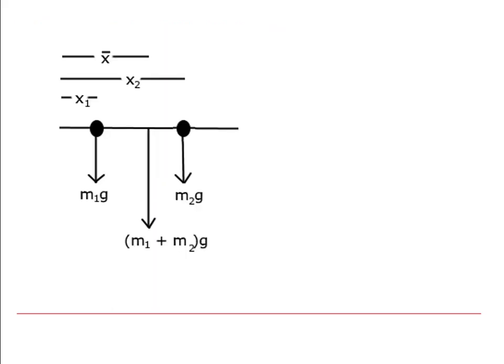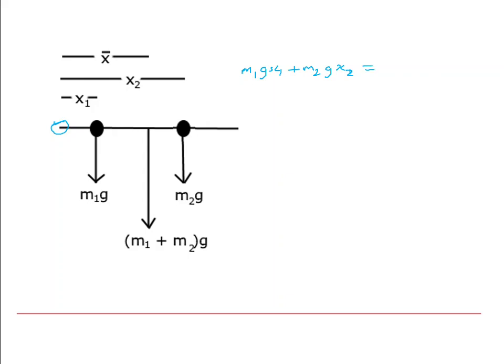Now there's a basic setup with just two particles. The significance of this line is only that the particles lie on that line and they give us coordinates from the supposed pivot, the point at which we're taking moments. If we take moments for those two masses with weights m1g and m2g, the moment we'll get is m1g and m2g each times the corresponding x1 and x2.